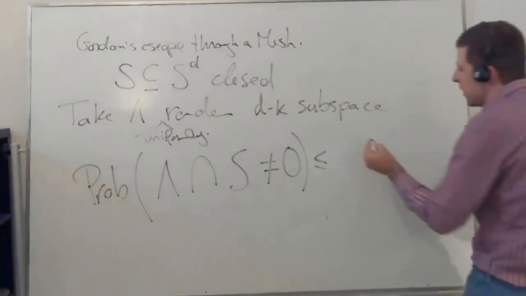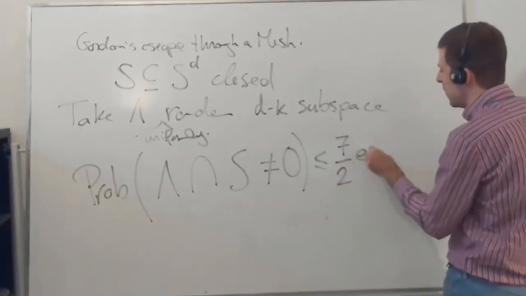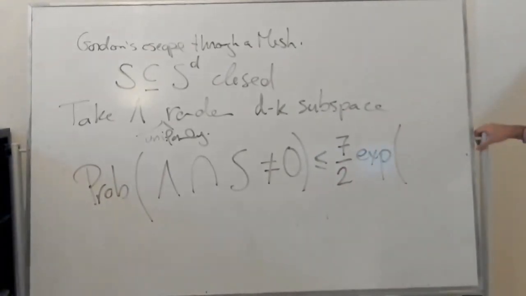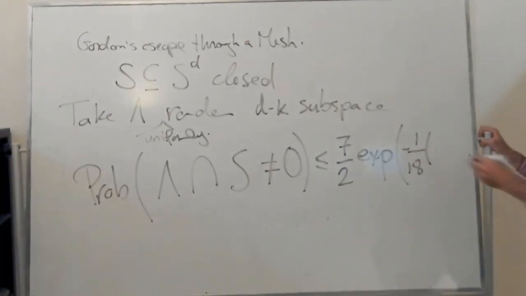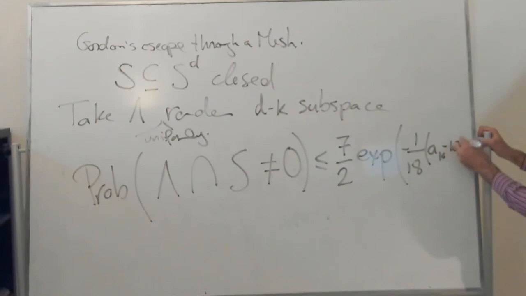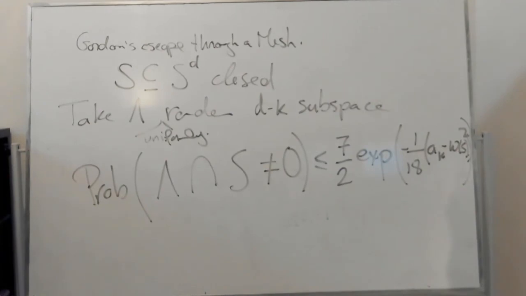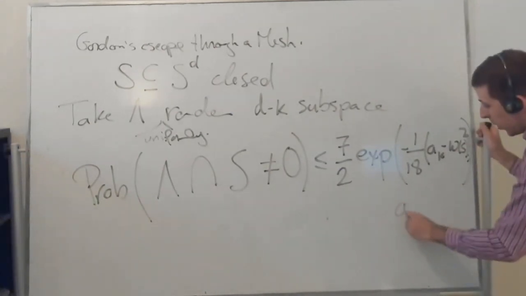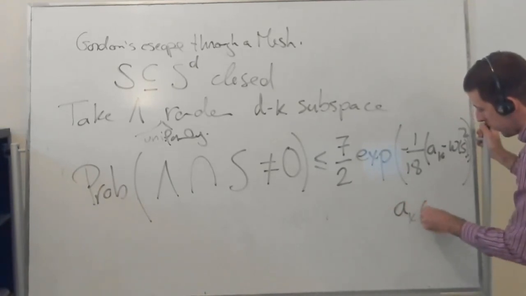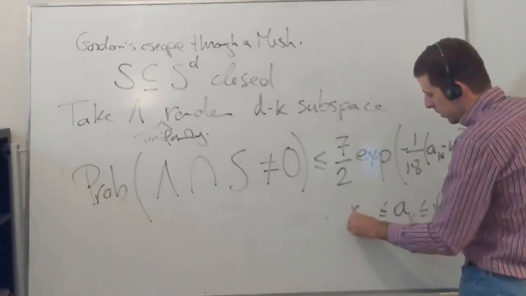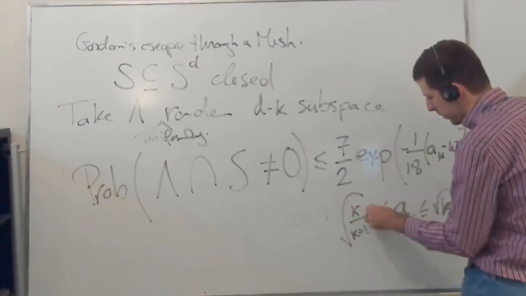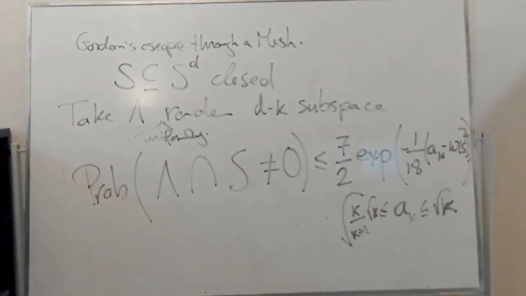But the way this comes out once you work out the proof, there are some constants, and then what you get is exactly what you would expect: a_k minus w(S), squared, where a_k, of course, is that quantity, the norm of the Gaussian vector, which we know is smaller than or equal to square root k. Okay, so this is usually how Gordon's escape through a mesh theorem is stated.